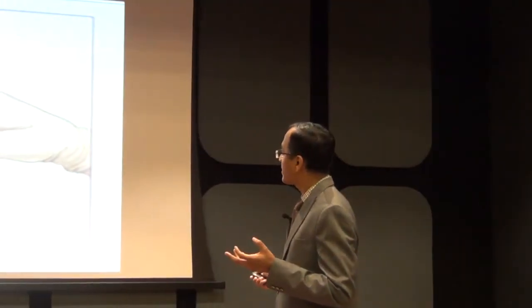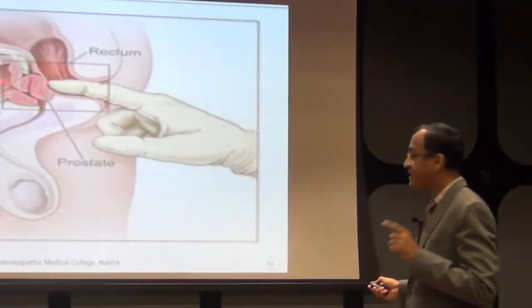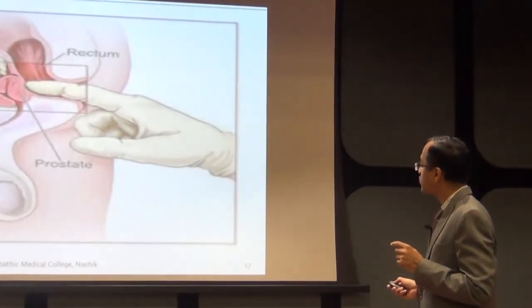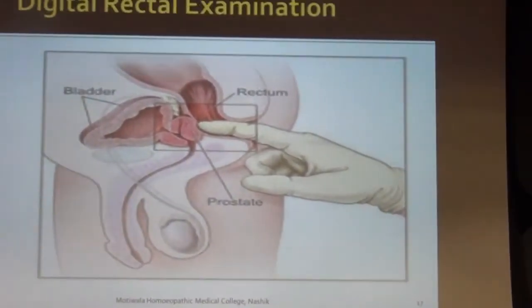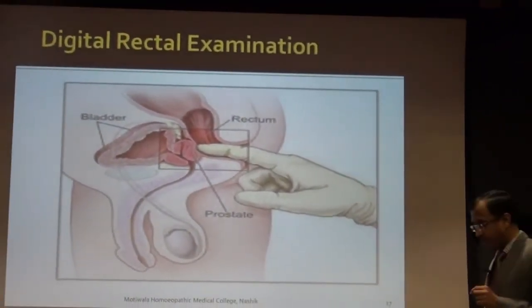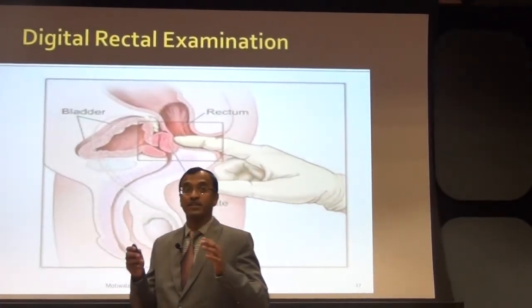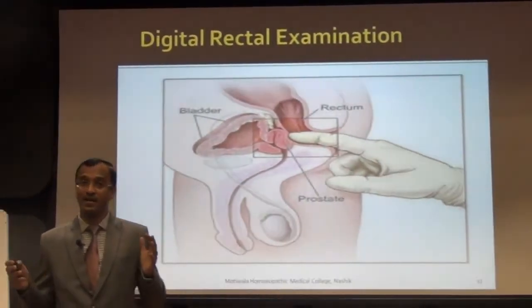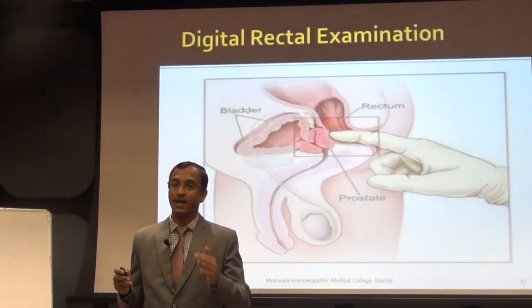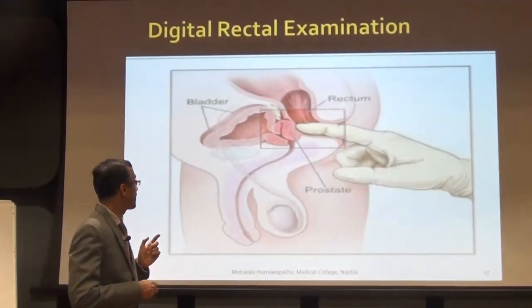After taking consent, we slowly insert the index finger into the rectum to feel the prostatic gland from the rectum. In benign prostatic hypertrophy, you will find that the prostate is enlarged, and you can easily palpate the prostatic enlargement on per-rectal examination.